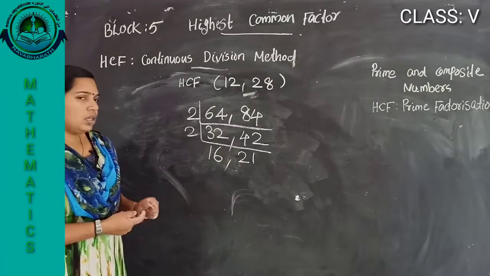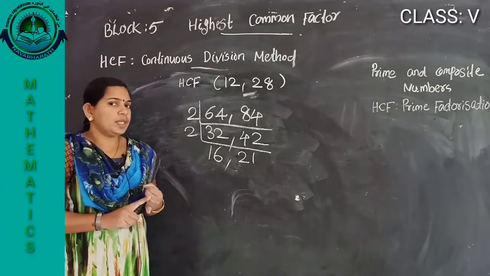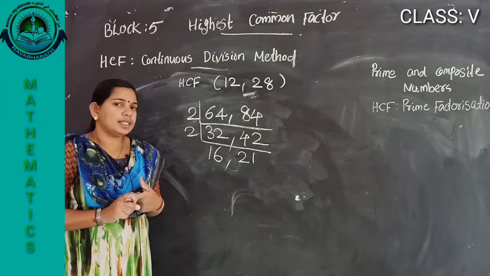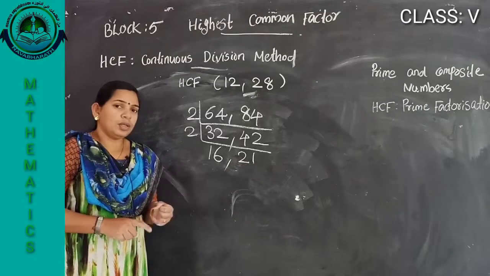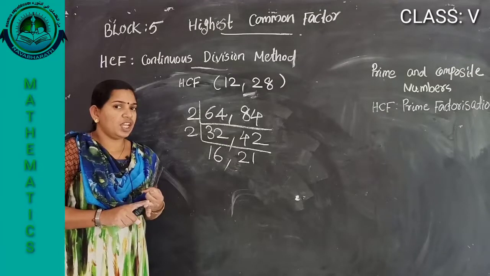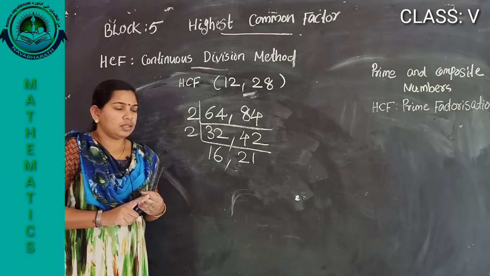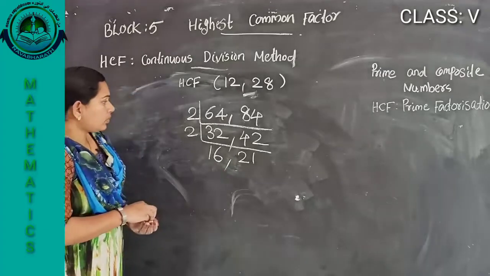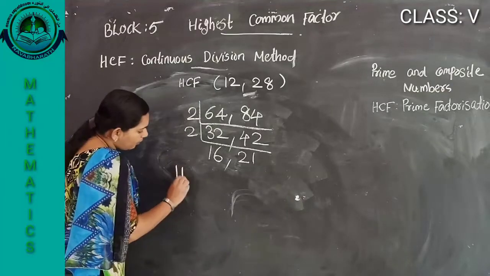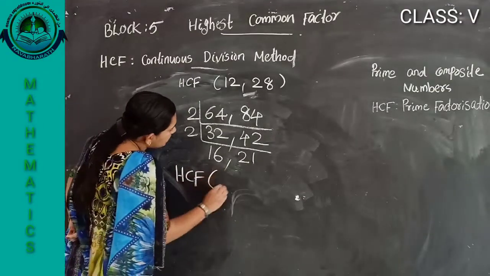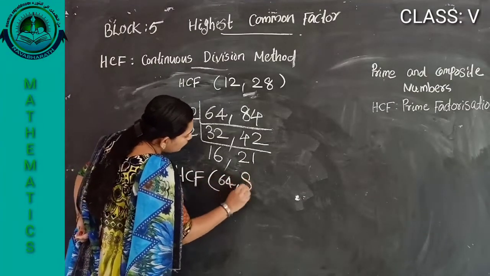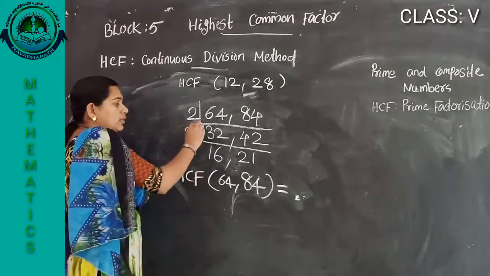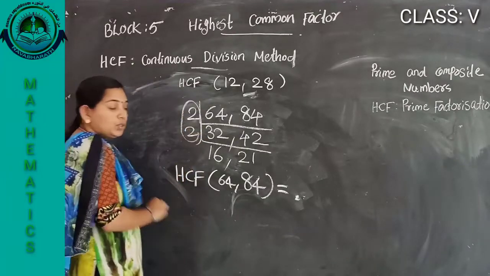In 16 we have 1, 2, 4, 8, but here 1, 3, 7. So there are no common numbers here. So the HCF of 64 and 84: which are the common numbers here? 2 into 2.